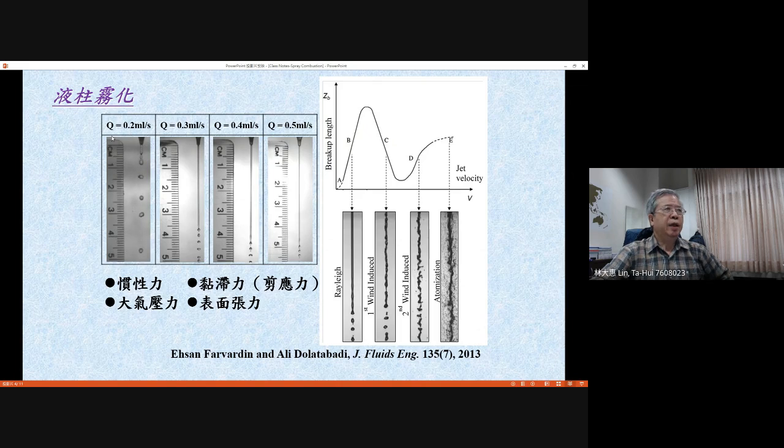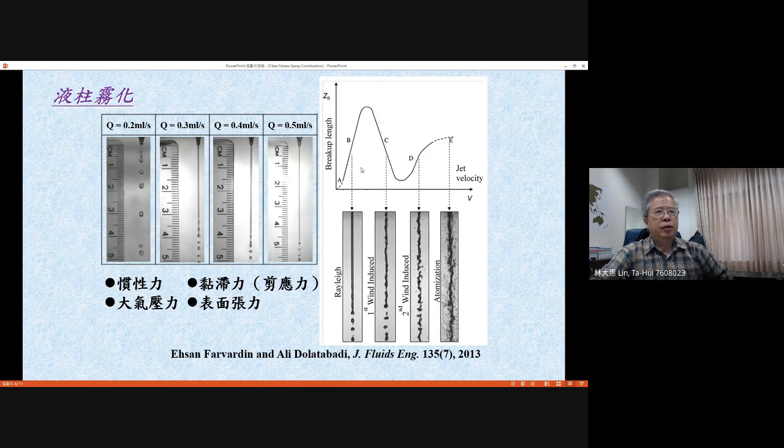And here I change the total volume flow rate of liquid from 0.2 up to 0.5. That means that we increase the exit velocity of the liquid jet from the left-hand side to the right-hand side. Okay, and the jet structure actually can be described by the figures shown in the right figures. Actually, it's not totally fit, but they just give you the idea for the initial breakup process governed by Rayleigh theory.